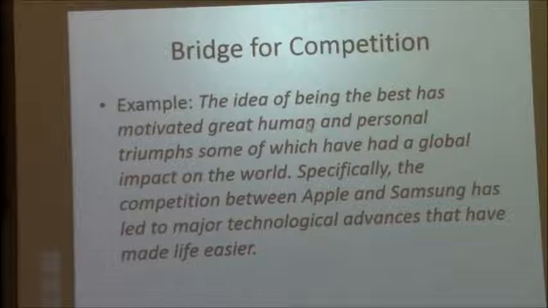Now, notice, I'm bringing it in because after this, I put together what I put in the middle of my circle with my 3 points. So, because I have brought it down, I've talked about how competition is something very positive, because I sound positive right here, saying we have got a lot of major technological advances. Human and personal triumphs have happened because of competition.